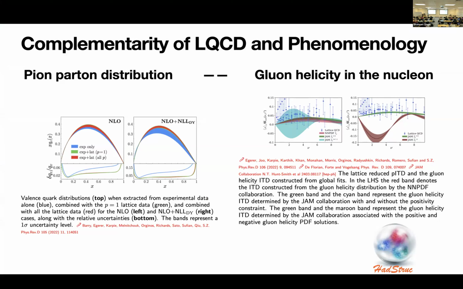So if you try to calculate the gluon helicity distribution, which is basically a distribution of the gluons inside the proton when the proton is polarized, and you do the extraction from experiment with global analysis, you find that there are two possible functions that describe the experimental data. One is this green, and the other is this red. Now, this is a notoriously difficult calculation for the lattice.